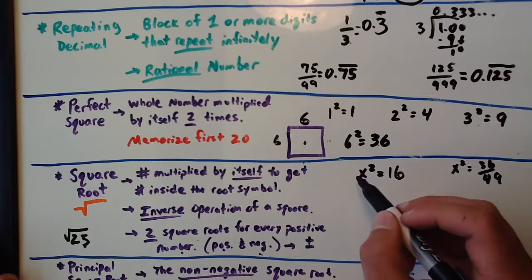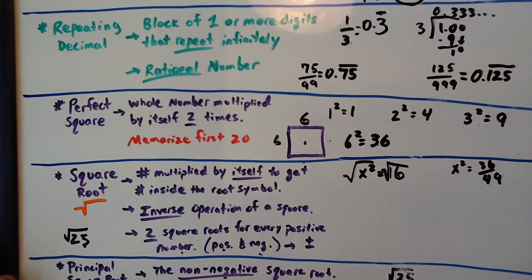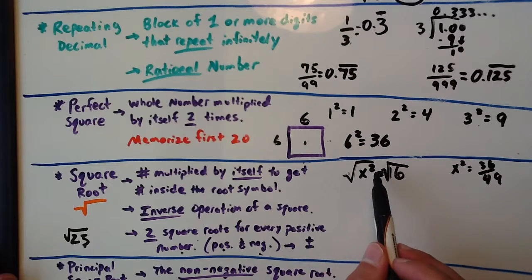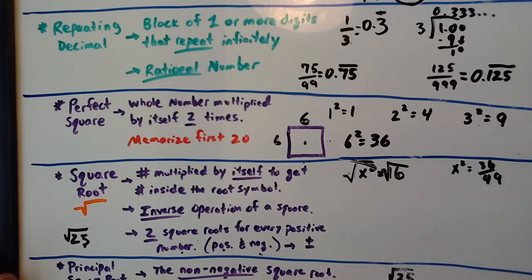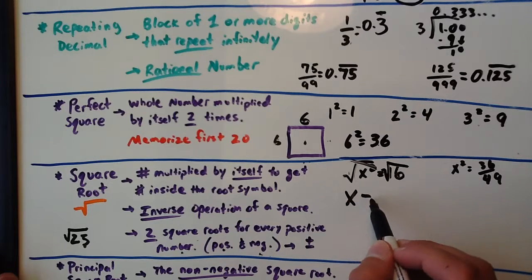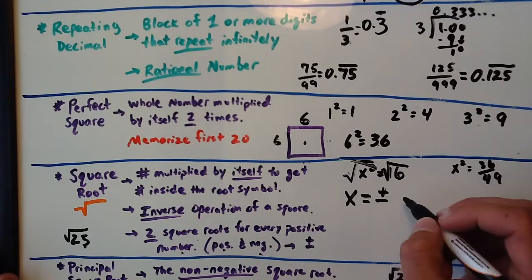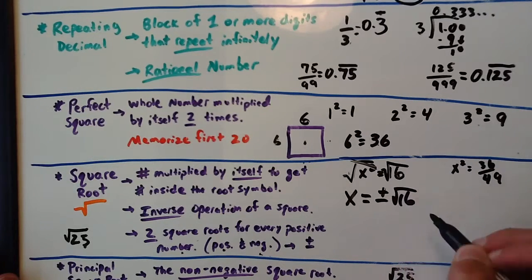So let's take the square root of the left side, and of course I must also do that on the right side. So the square root of x squared, the square root and the square would cancel each other out. I would just be left with x equals, then I would have either positive or negative square root of 16.